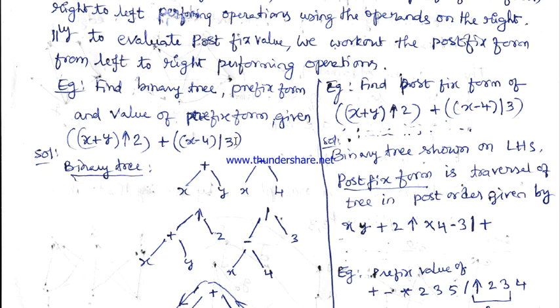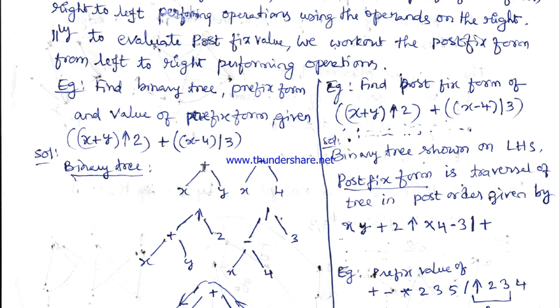This can be represented using a binary tree. Later, when the binary tree is traversed by pre-order technique, we can form the prefix form for the given expression. The value of the prefix form can be obtained by working it out from right to left. So let us see. First we try to represent the given expression by the binary rooted tree. For x plus y, the corresponding subtree is shown here.